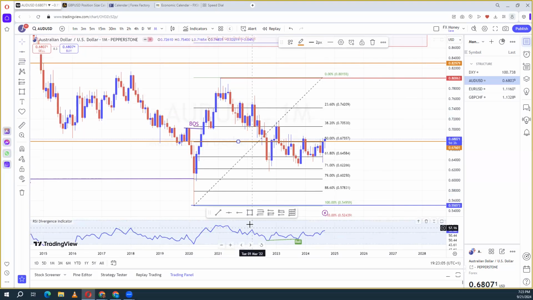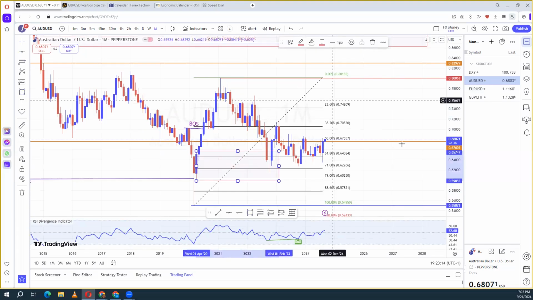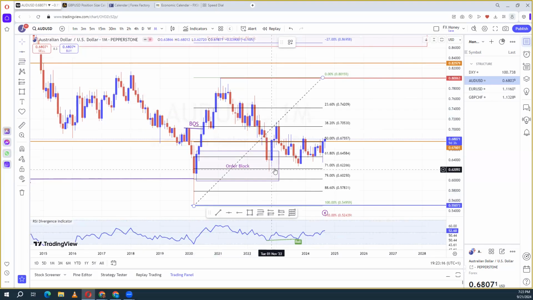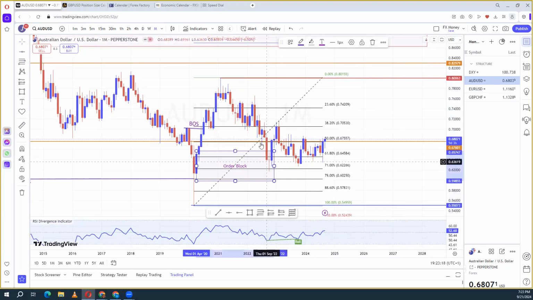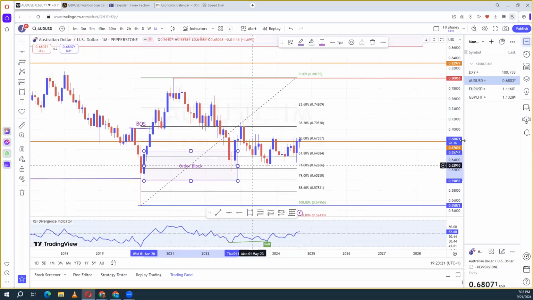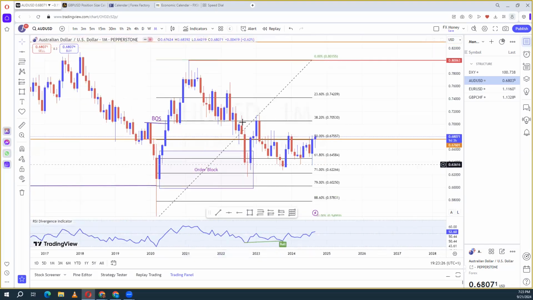Which has confirmed to us that we can start looking for buys, that is actually happening right now. So this other block was expected because it is in the discounted area. So after that, what happened? Let's keep going.